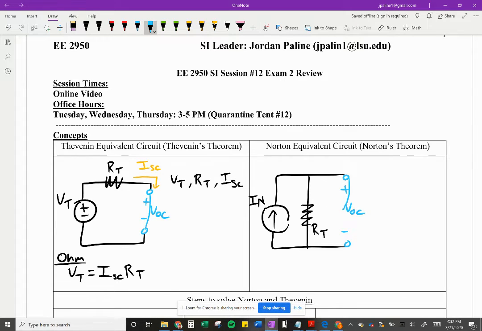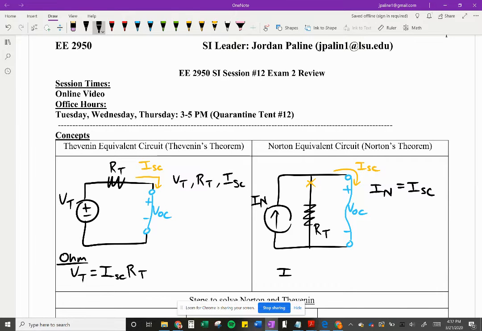And if we were to add in this wire, this current would now bypass this resistor and would travel only through this open wire because the current would follow the path of least resistance, where this is going to be I short circuit. So therefore we can say I Norton is equal to I short circuit. And we can get I Norton from the Thevenin. IN is equal to VThev over RThev. So those two equations are related.